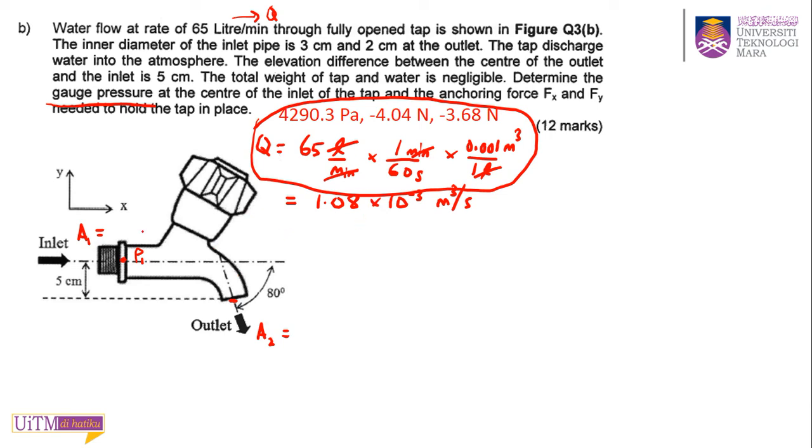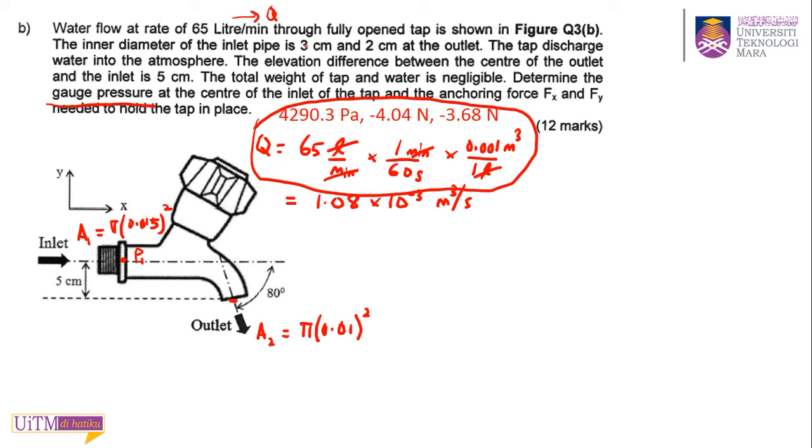Okay, so A1 equals pi times 0.015 squared, and A2 equals pi times 0.01 squared.